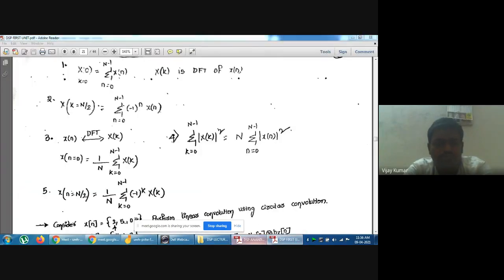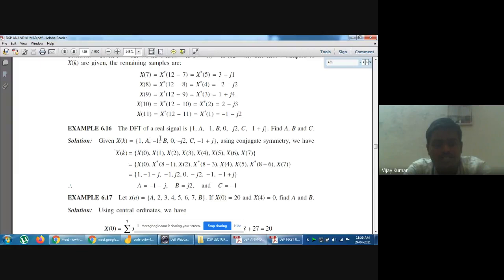Okay, next, the DFT of a real signal is given to you: 1, a, minus 1, b, 0, minus j2, c, minus 1 plus j. How many points are there? Totally 8 points. They are asking us to calculate the values of a, b, c.